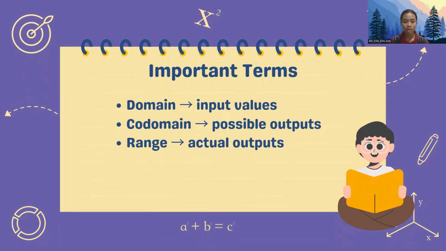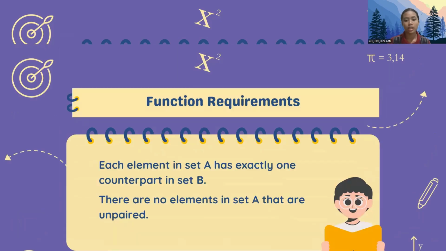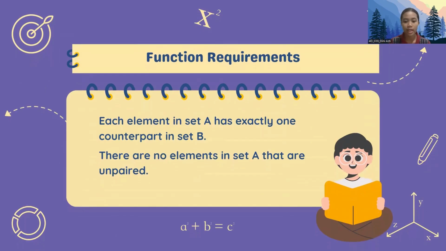First, the domain is the input values, then the codomain is the possible outputs, and the range is the actual output. In a function, every element in set A must have exactly one counterpart in set B, and no element in set A can be left unpaired.